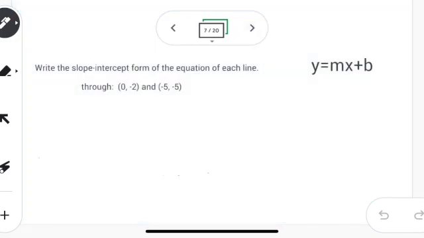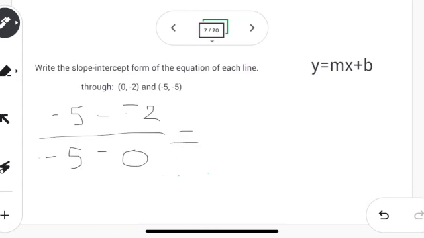Now with this one, we are going to start by finding the slope, and then we'll find the y-intercept. So remember that the slope would be negative 5 minus negative 2, and then negative 5 minus 0.